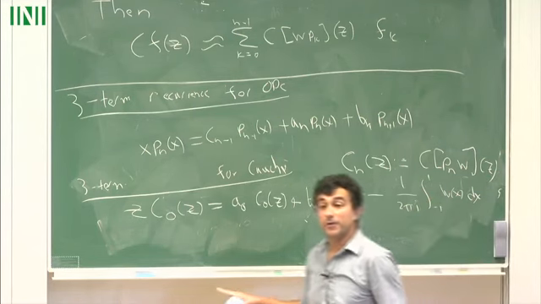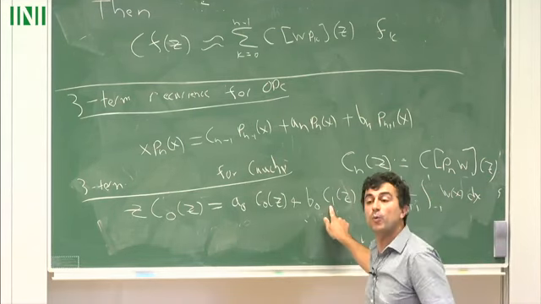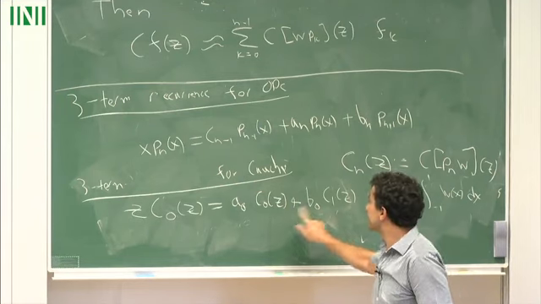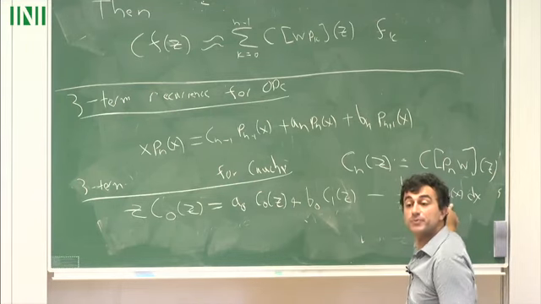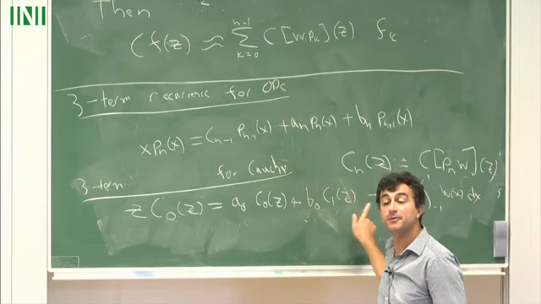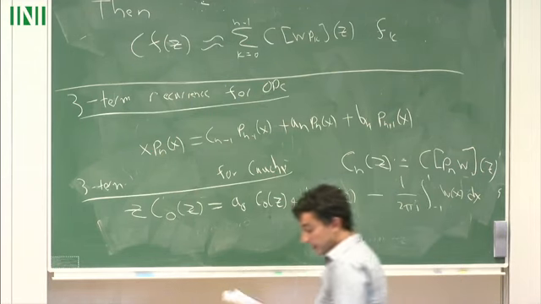In other words, we know C_1 of z in terms of C_0 of z and some constant. So if we know C_0 of z, we already know C_1 of z.